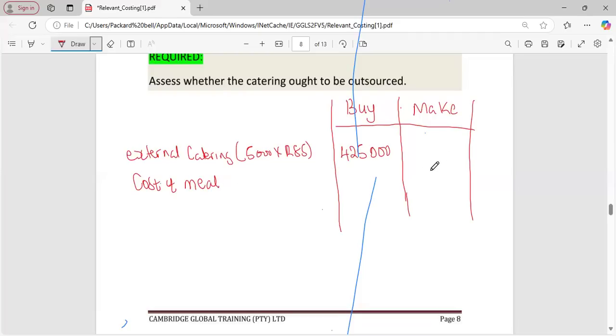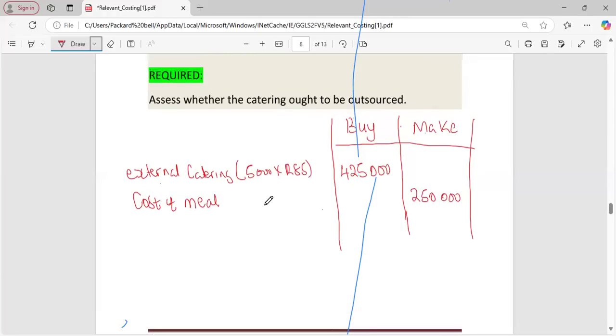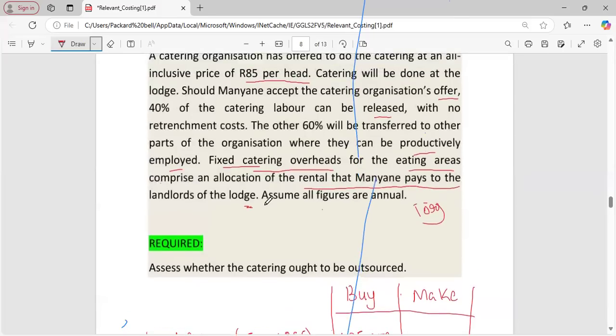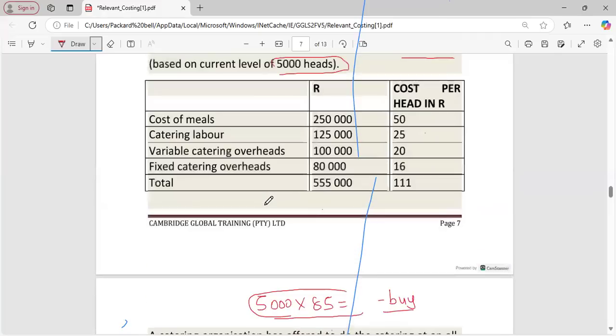What else do we need here? There's labor. Catering labor is 125,000.